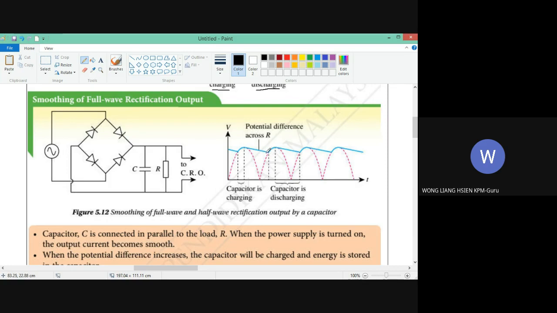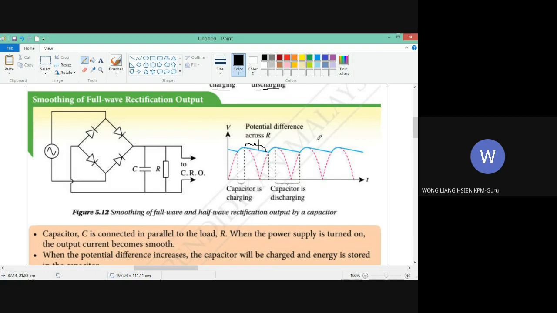The capacitor will discharge. You see or not? The capacitor discharges here to here. And before it discharges much, the alternating current changes direction already. Wants to go up again. You see or not?